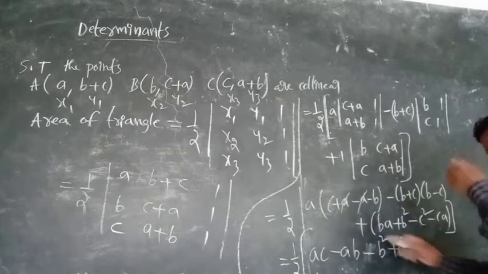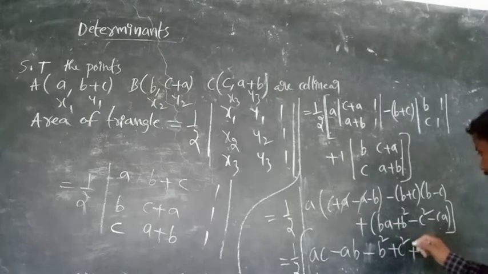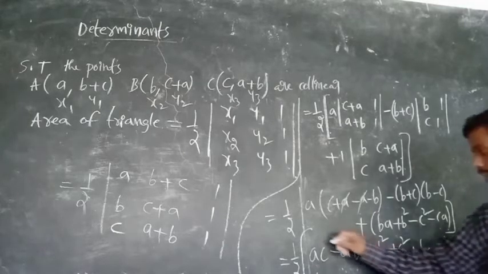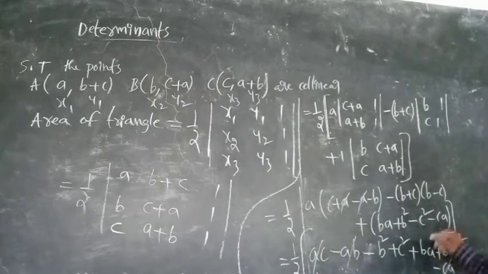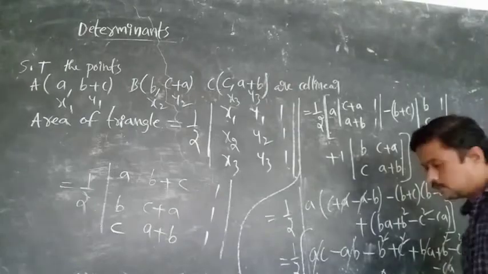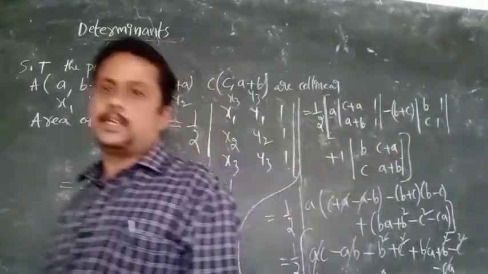But plus BA plus B square minus C square minus C. So CA, AC cancel, AB cancel, B square cancel, C square cancel. Half into 0 is equal to 0. So therefore the area of the triangle is equal to 0.